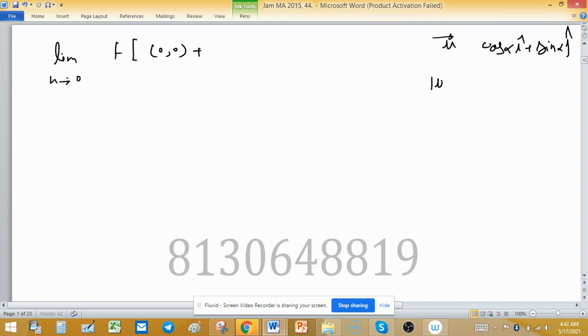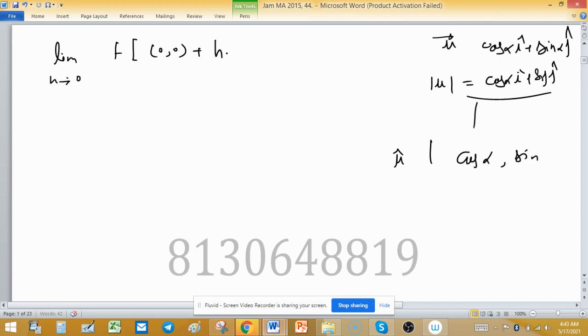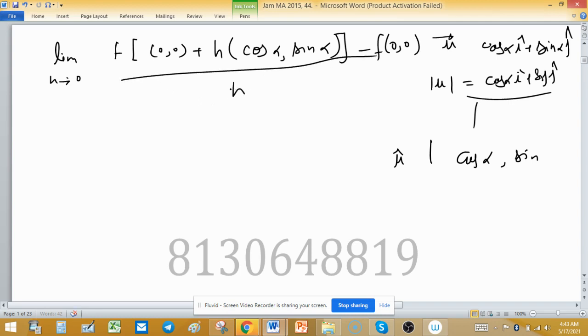Its unit vector is cos alpha i hat plus sin alpha j hat divided by its magnitude, square root of cos square alpha plus sin square alpha, which by the identity is 1. So cos alpha and sin alpha are the components of unit vector u. You can write f of (h cos alpha, h sin alpha) minus f of (0, 0), divided by h. This is the limit concept.